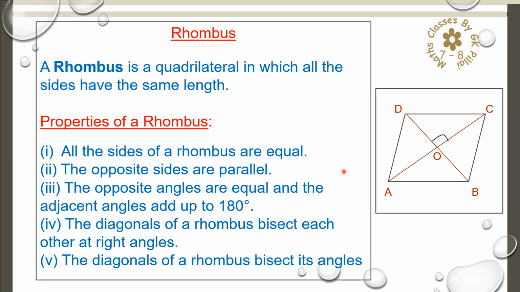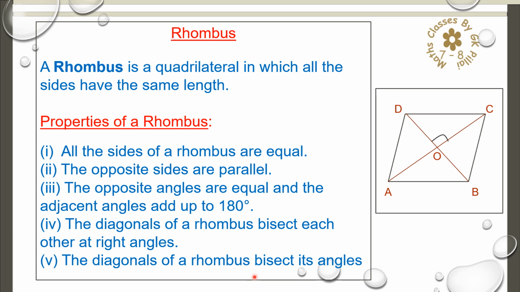All the sides are equal, opposite sides are parallel, the opposite angles are equal, and the adjacent angles add up to 180 degrees. The same thing we read in parallelogram also. The diagonals of a rhombus bisect each other at right angles. In a square also, the diagonals bisect each other at 90 degrees.